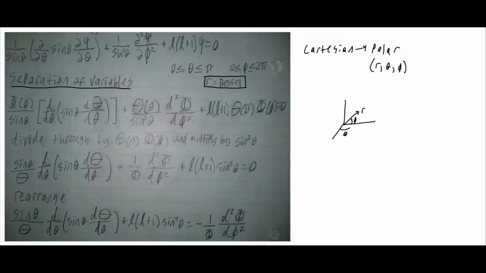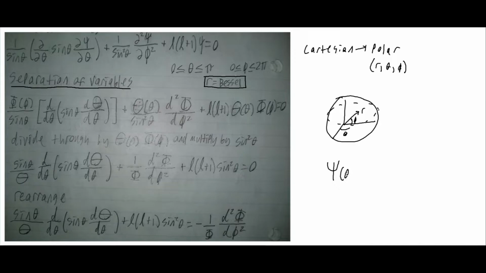The theta will be between 0 and pi, and the phi will be between 0 and 2 pi, which allows us to cover a whole sphere.